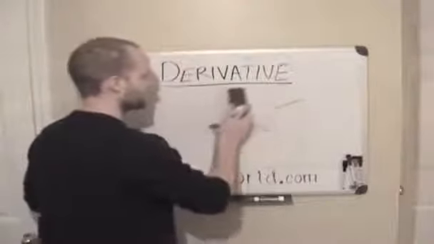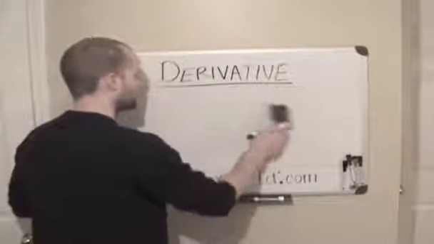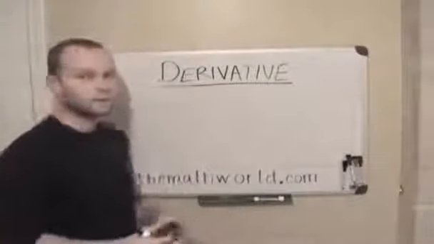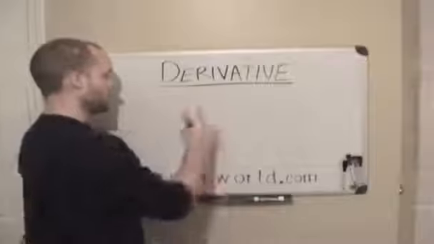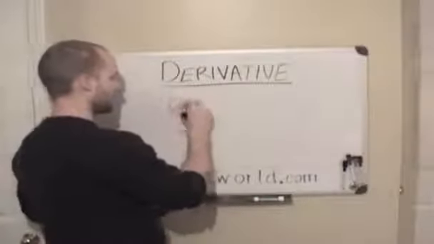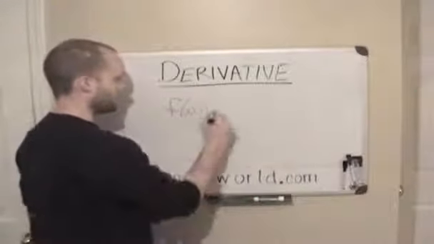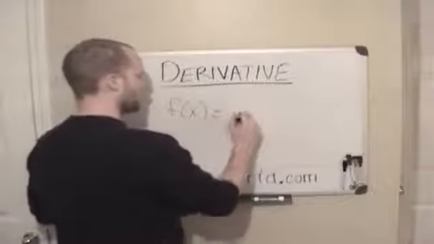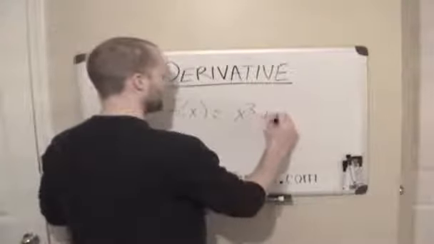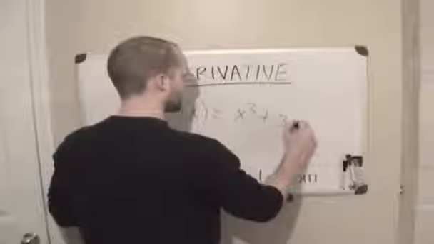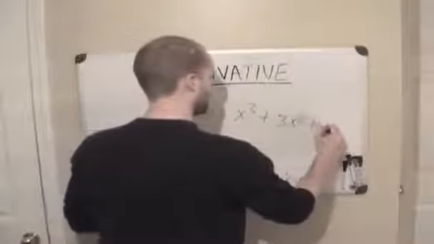Now what I want to talk about today in the introductory lesson is how to calculate a derivative. In its simplest terms, let's say we have f of x equals x cubed plus 3x squared plus 150.